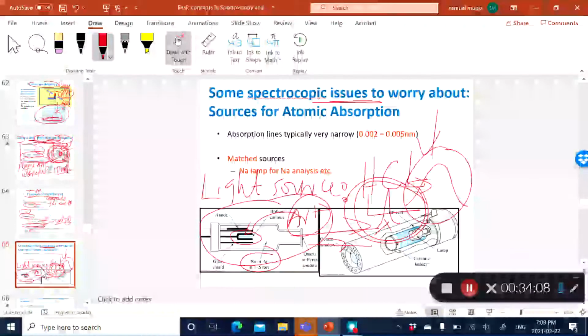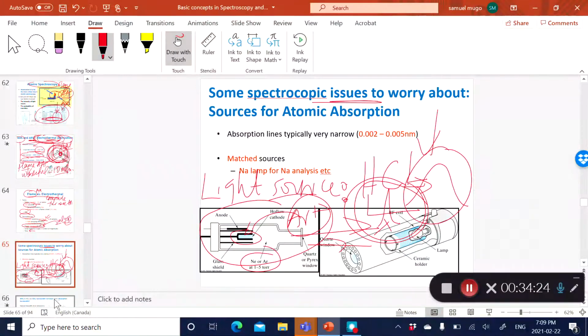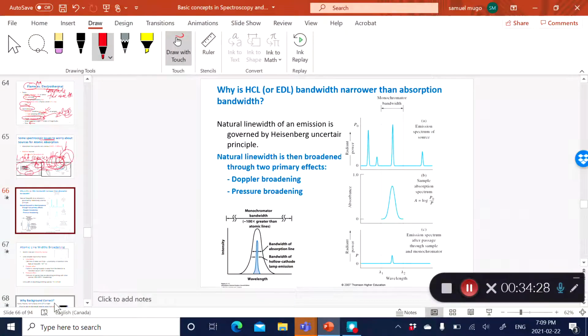And what can you do about minimizing the broadening effect of the light source, which ideally should be completely monochromatic, and which otherwise, if you don't do anything about it, impacts your limits of detection.